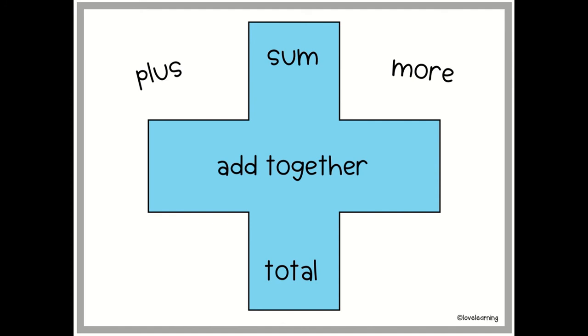These are some examples of words that tell me when to add. If I wanted to put them in a written expression, I would say something like 16 plus 15, the sum of 16 and 15, 15 more than 16, the total of 15 and 16. And again, these are just a few examples.